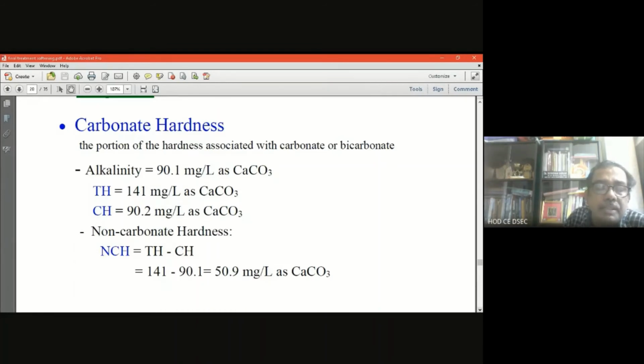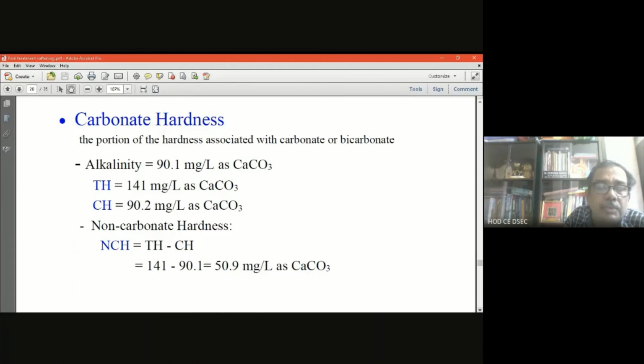The non-carbonate hardness is the total hardness minus the carbonate hardness, because carbonate hardness is the temporary hardness and non-carbonate hardness is the permanent hardness. So total hardness is 141, minus the carbonate hardness 90.1, you will get 50.9 milligram per liter as CaCO3. That is the non-carbonate hardness.